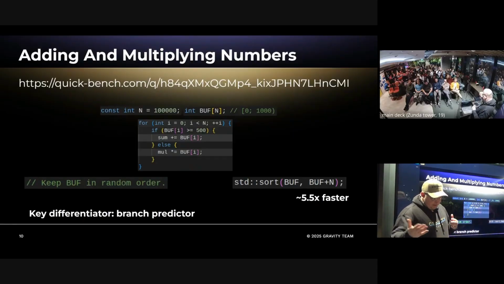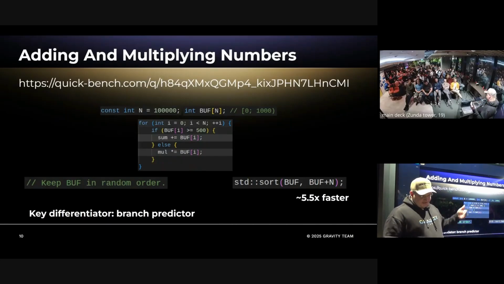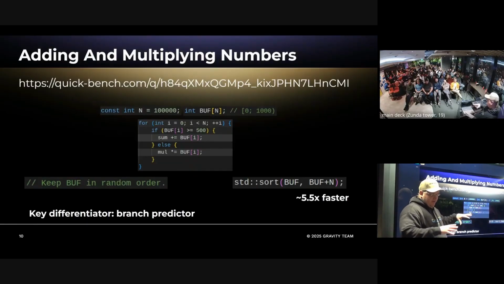And so anytime you have a branch in your code, let's say an if statement or a virtual function call or something, the CPU has to guess what the next instruction is going to be. Are we going to multiply or add in this example? And it continues working with the pipeline as if that's what we're going to do.